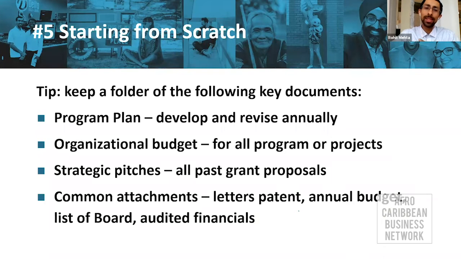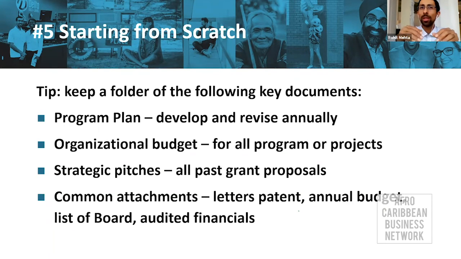A budget is essential. I want you to look at your whole organizational budget for all of your programs and try to fit everything together. An organization might be applying to President's Choice Children's Charity, for example, and they may want their after-school program to be funded, but it's interesting that if the after-school program involves equipment and another program involves equipment, you need to determine which of these programs are going to use that equipment.